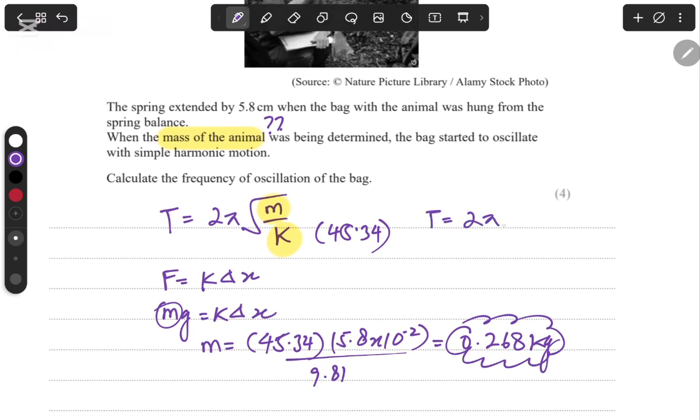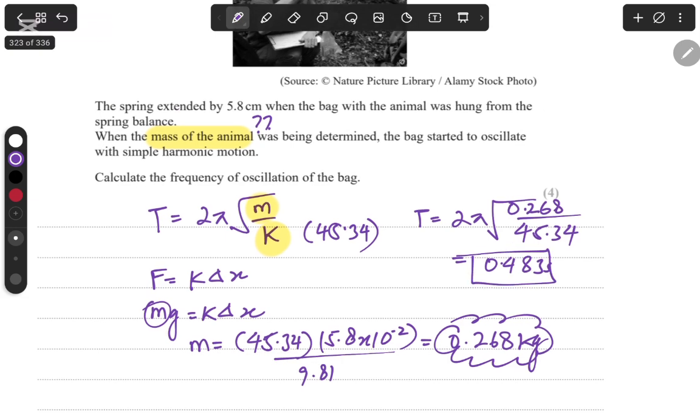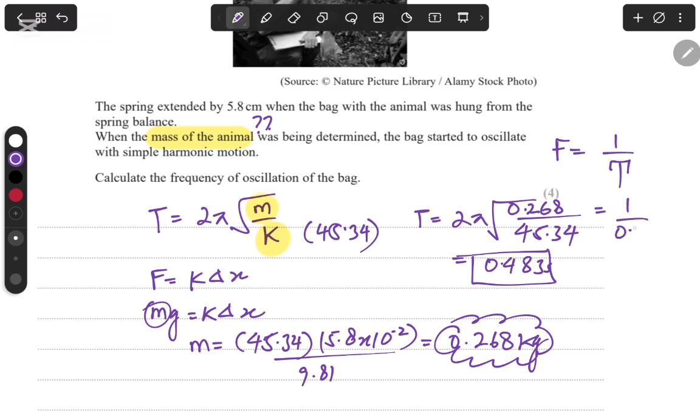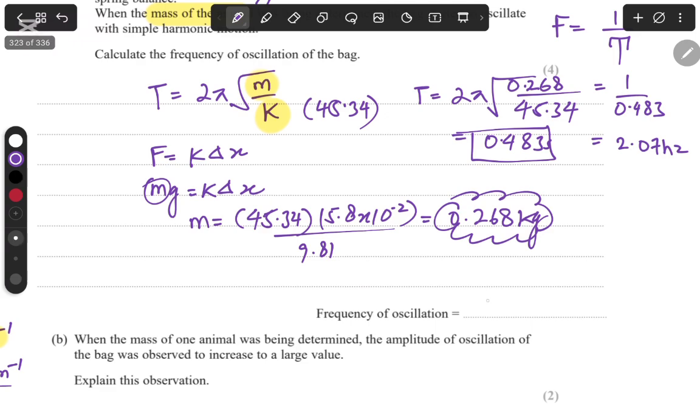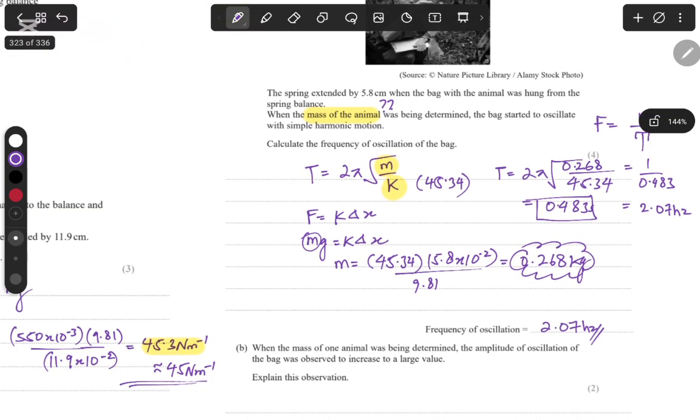T equals 2 pi square root of 0.268 divided by 45.34, and you're going to get the answer as 0.483 seconds. And then we know frequency equals 1 over T. So 1 over 0.483 gives the answer as 2.07 Hertz. So we're going to write here 2.07 Hertz as the answer to the question.